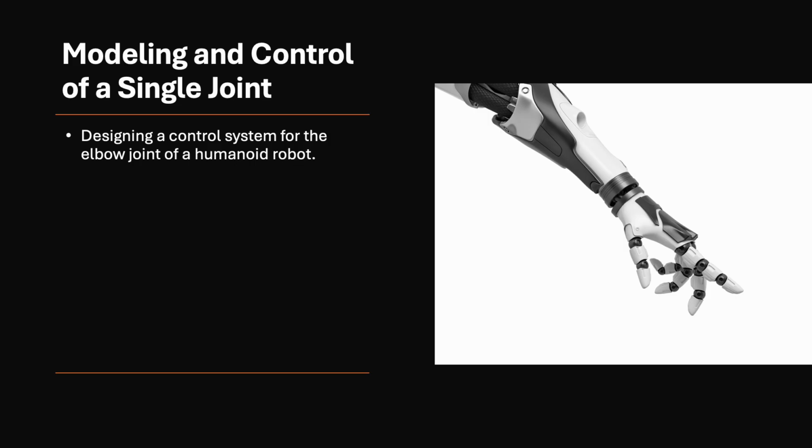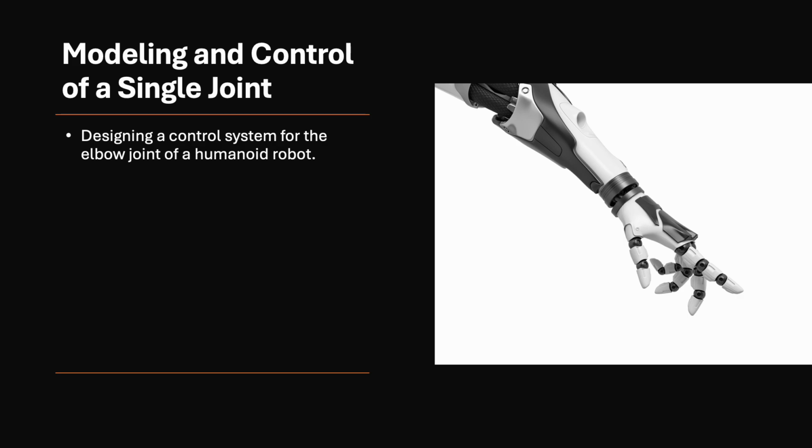For more advanced applications, adaptive control or model predictive control may be employed to handle non-linearities and uncertainties in the system. The control system must also incorporate safety mechanisms to prevent excessive force or movements that could cause damage to the robot or its surroundings.